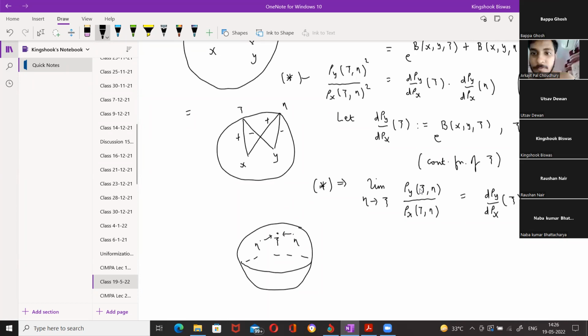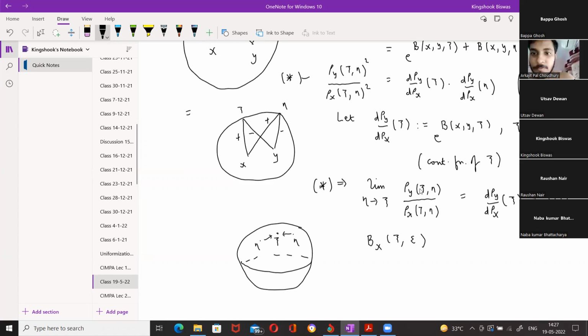And what it means is that, if I call this, say, lambda of xi, then if I take a small ball of radius epsilon for the rho x metric, let me call this B_x(xi, epsilon), then this means points which are at rho x distance epsilon.